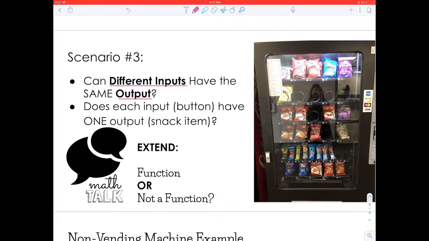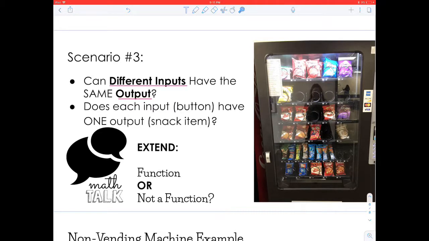Let's look at this vending machine here. Notice I see different buttons or different placements of these hot Cheetos here. I would have to press this button or this button or this button.